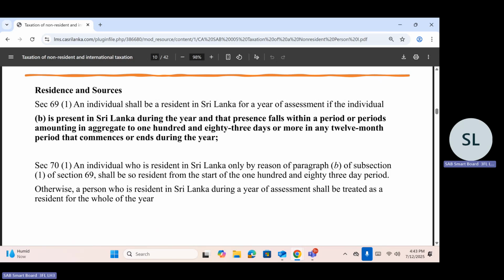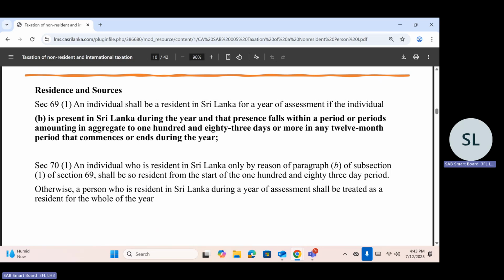If it is equal to 180 days or more, he shall be treated as a resident individual for Sri Lanka tax for that particular period. His 12-month period commences from this day, and for that particular period he shall be considered a resident individual for Sri Lanka.